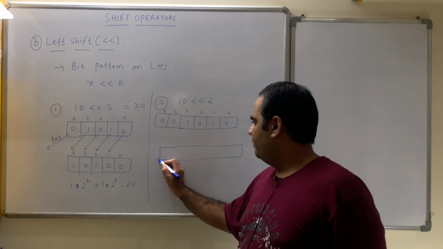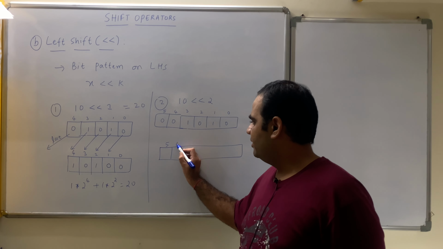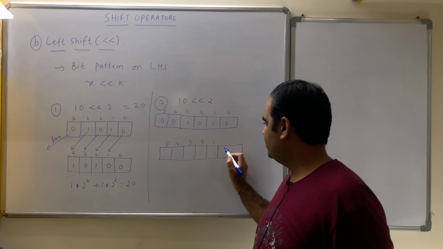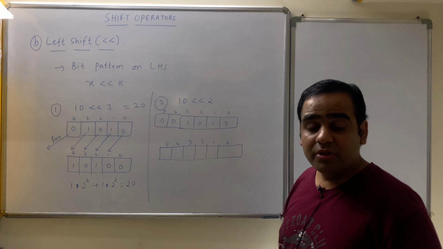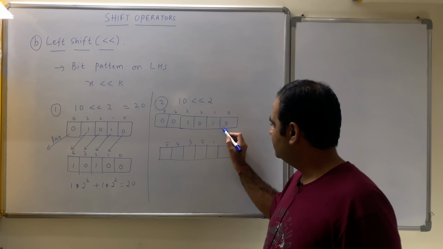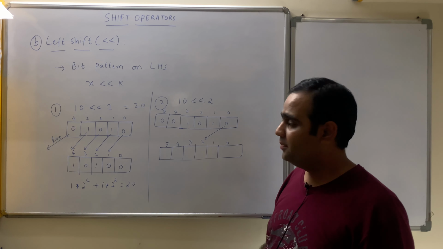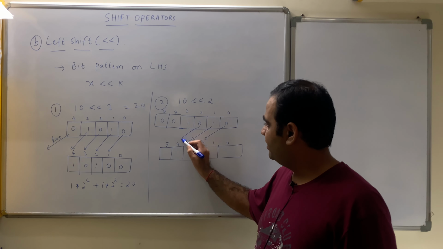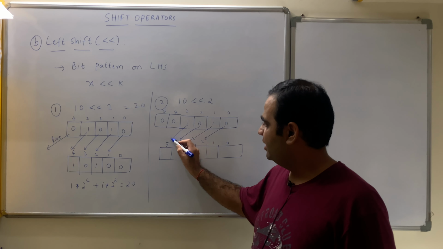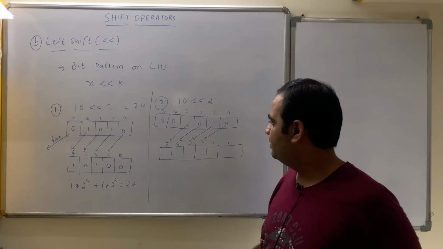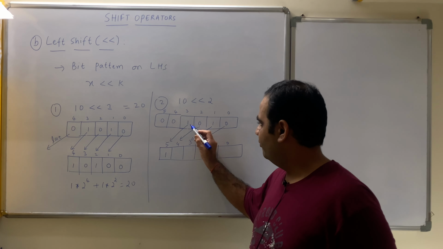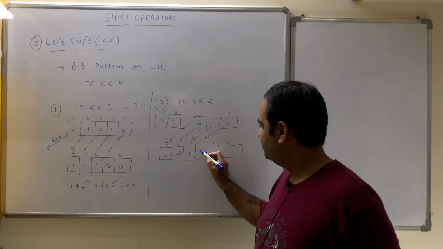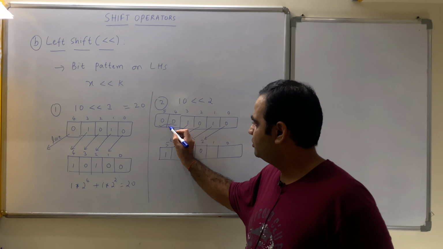Now if I write the bit pattern, this is 5th bit, 4th, 3rd, 2nd, 1st and 0. Now this is 2 places towards the LHS. 0th bit will come at the 2nd bit place, 1st bit will come at the 3rd bit place, 2nd bit will come at the 4th bit place and 3rd bit will come at the 5th bit place. Now this will become 1, this is 0, this is 1, this is 0, and what about these 2 zeros?